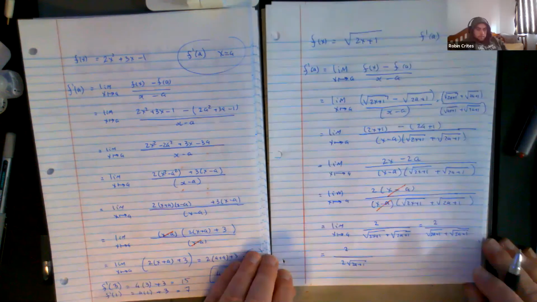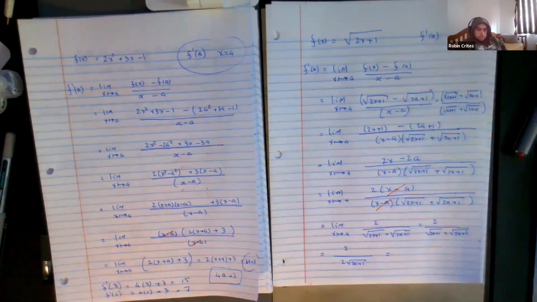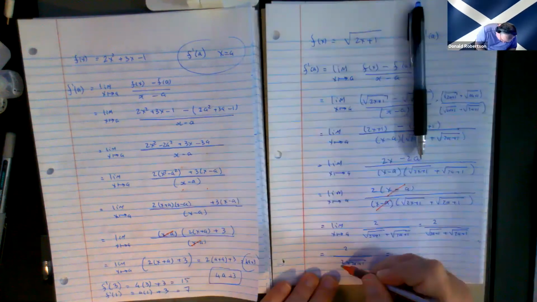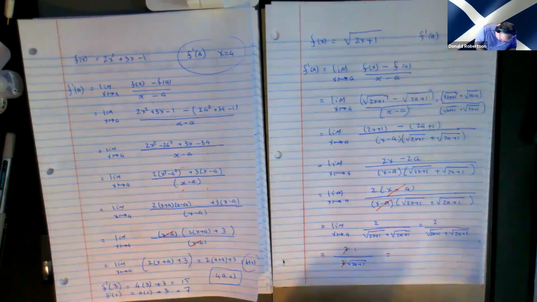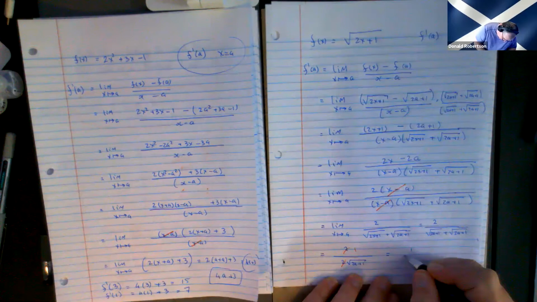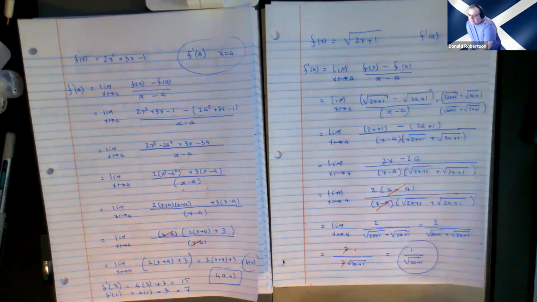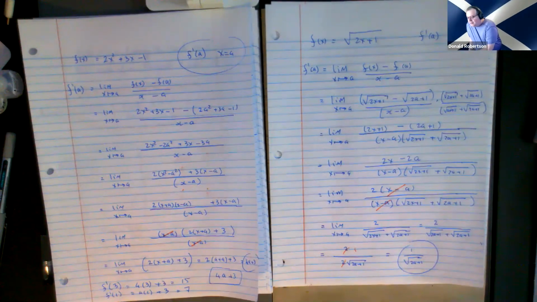Divide the 2. Remember to leave a 1 behind when everything disappears. And I would say that that's a pretty nice answer. I would not rationalize the denominator because I think it looks ugly, right? Very nice answer.